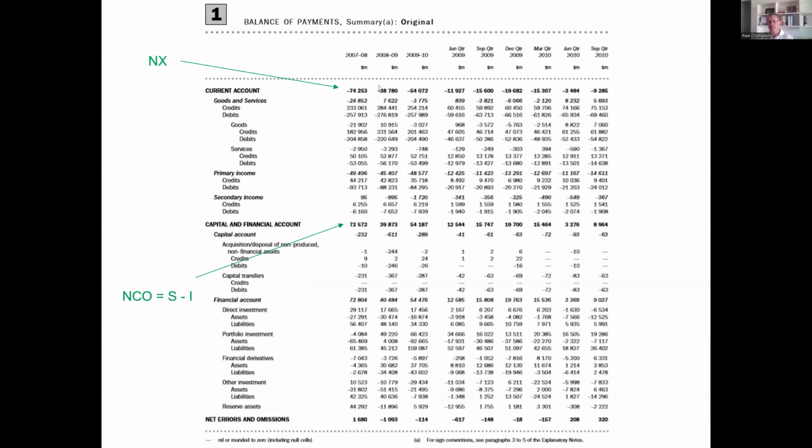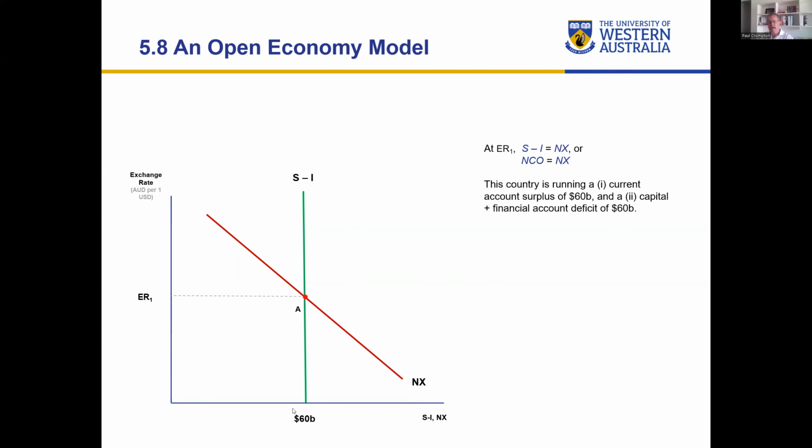And then from 2008-09 to 2009-10, the value of S minus I, which is the same as the capital financial account balance, went from 40 billion to 54 billion. Well, if we want to model the impact that this had in the economy, the change in the value of this variable, we would take the S minus I line and shift it to the right.